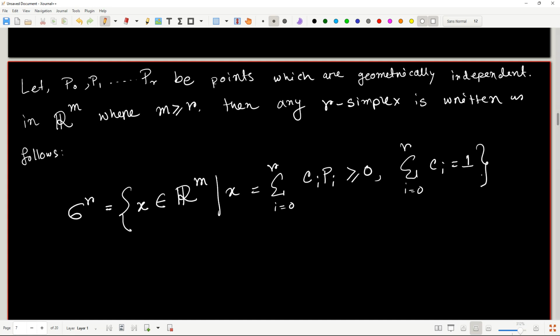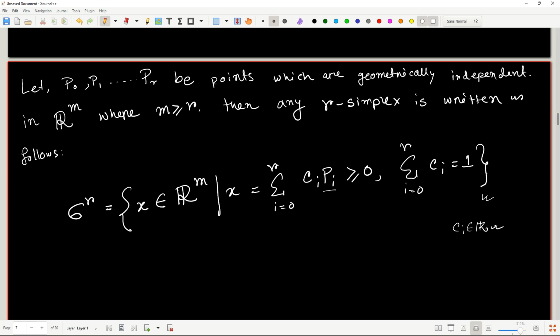So let's take a moment and try to understand what we are actually doing. I have these p_i's, right? These are my points. What is this c? c is some real number, since we're restricting ourselves to the real m-dimensional space. So what this statement is saying is that you take the points, you take their linear sum in such a way that these coefficients c_i sum up to 1.